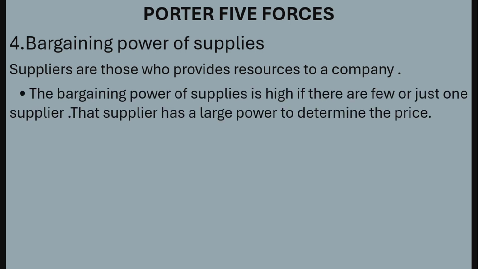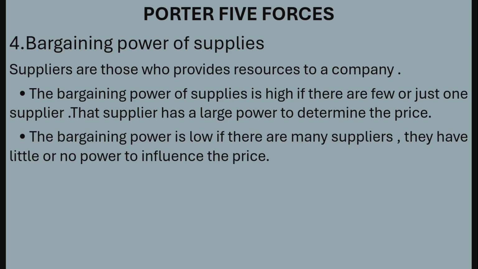The bargaining power of suppliers is high if there are few or just one supplier; that supplier has a large power to determine the price. If only one supplier provides resources and raw materials to you, it has the power to determine the price of the resources it brings to you.